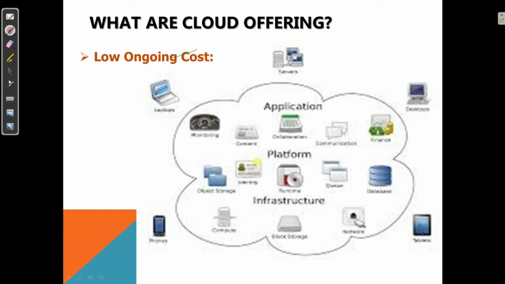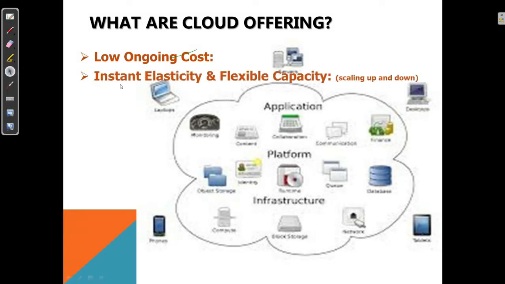The next is instant elasticity and flexible capacity. This basically refers to scaling up and down, and it eliminates guessing about the infrastructure or capacity required to run your business.